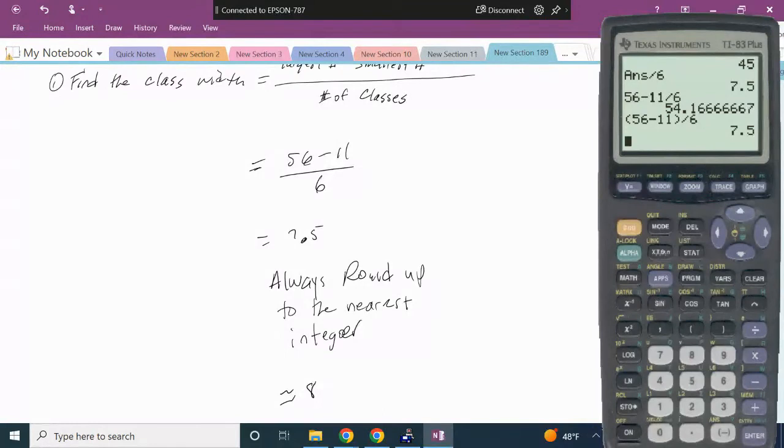If it's 5.3, you would round that up to 6. If it's 6, you round it up to 7. So that's only in the class width. Only in the class width.